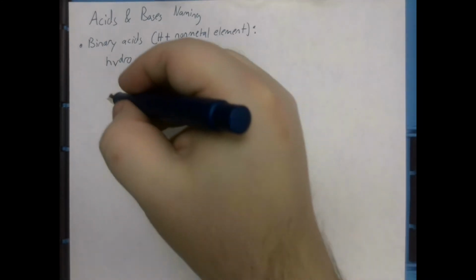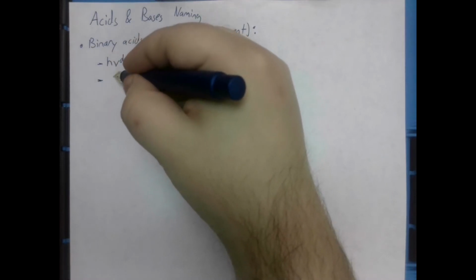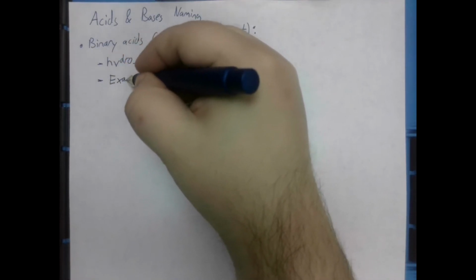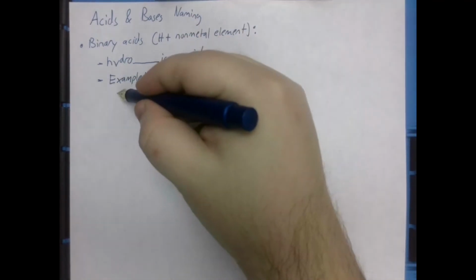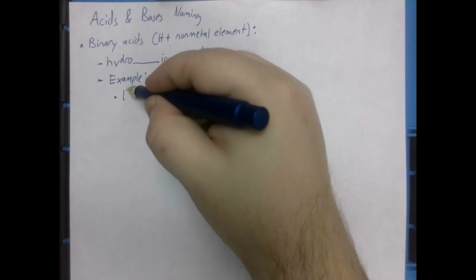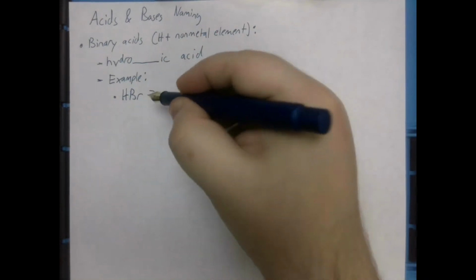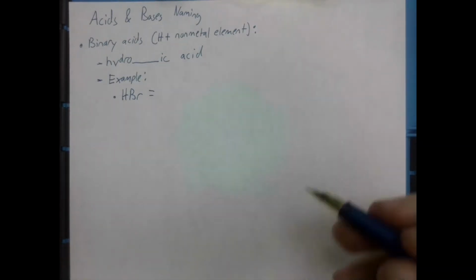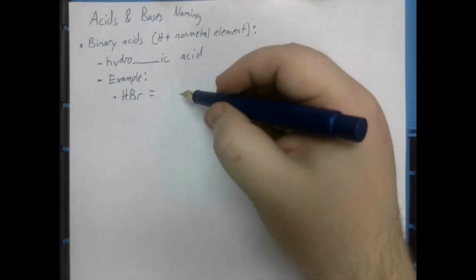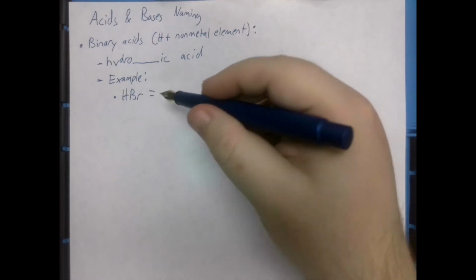So, for example, what would the name for HBr be? What would hydrogen and bromine be?